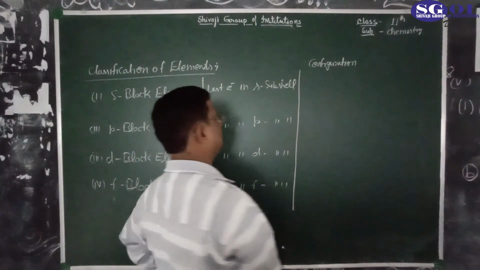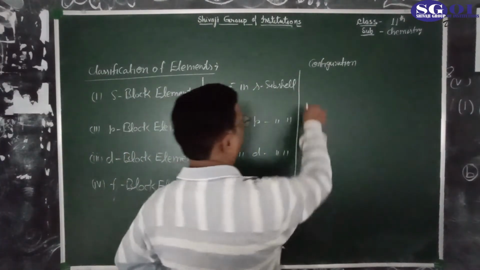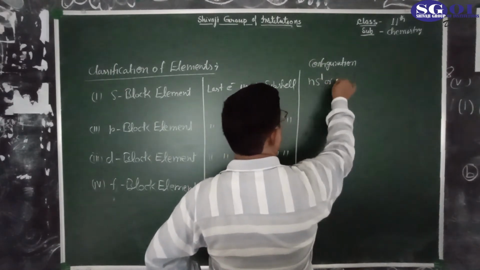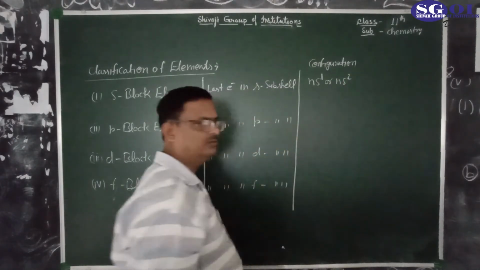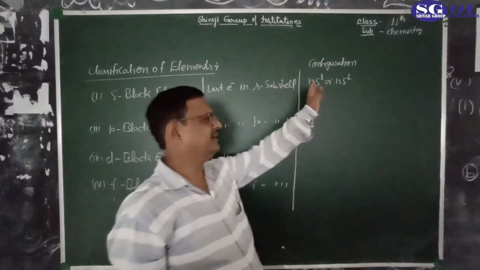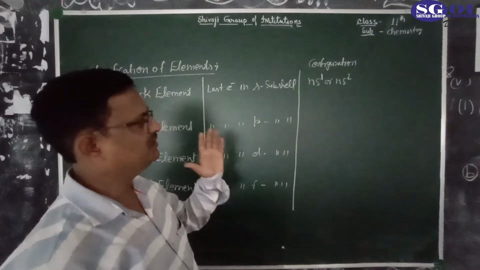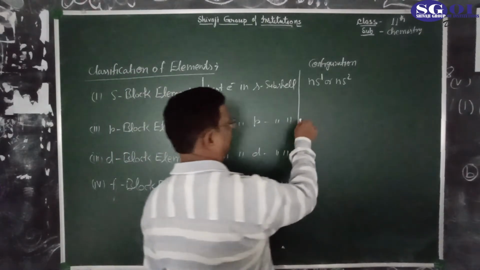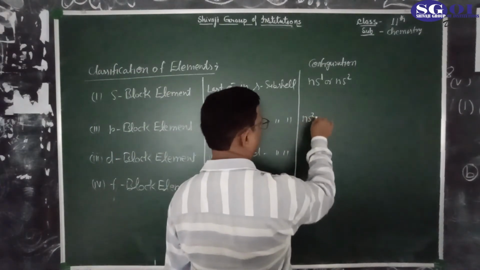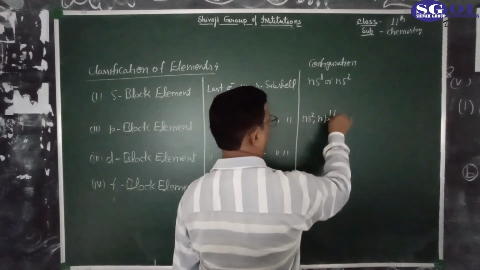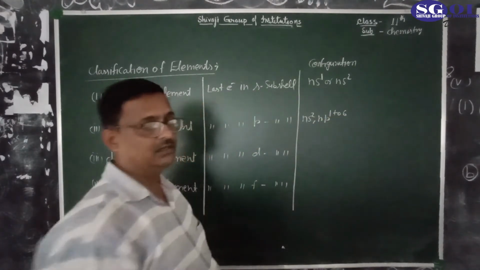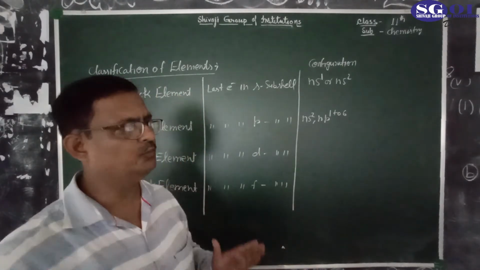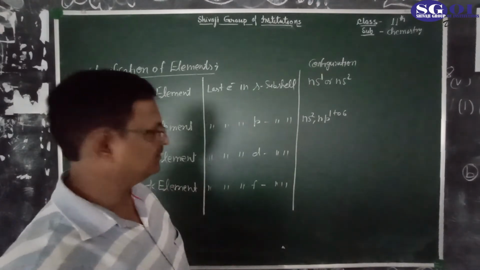The general electronic configuration for the S block element is ns1 or ns2. For the P block element, it is ns2 np1 to 6, which means the electrons in the P subshell vary from 1 to 6: p1, p2, p3, p4, p5 and p6.